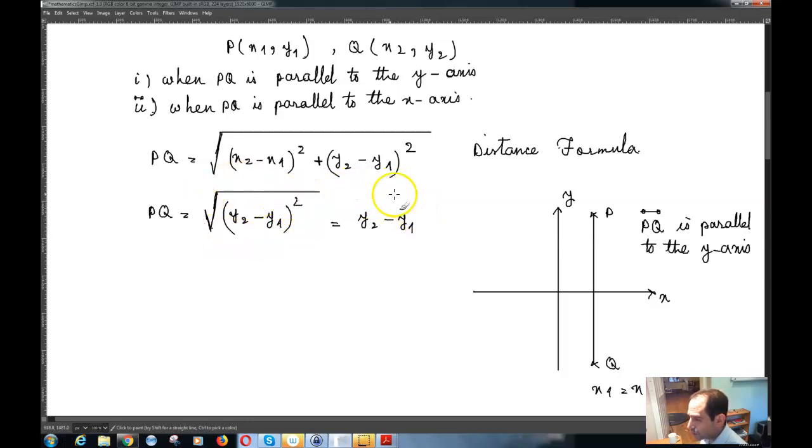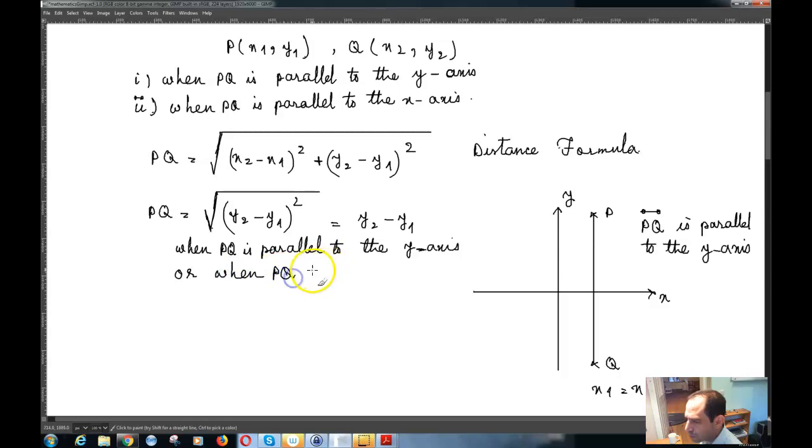Since it's a positive value, then of course you can write it as y2 minus y1, and so PQ is equal to y2 minus y1 when PQ is parallel to the y-axis, or you can say when PQ is a vertical line segment.